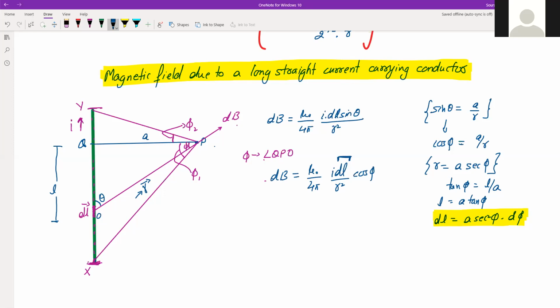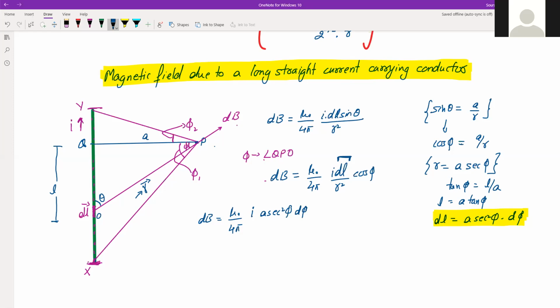Right? So this dB can now be written in terms of a function of purely phi. So that is mu naught divided by 4 pi into I as it is. Then dL is a secant square phi d phi.